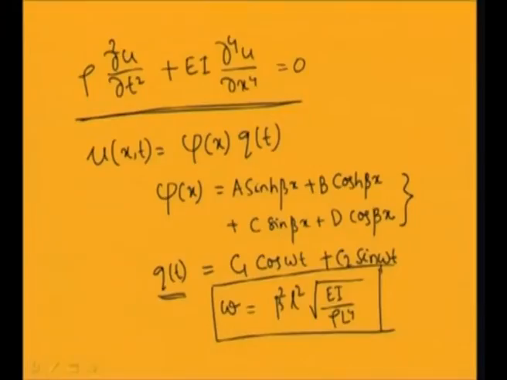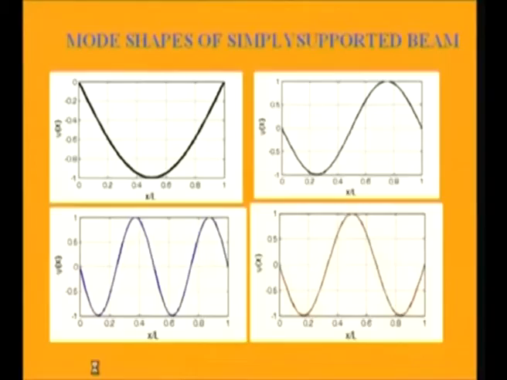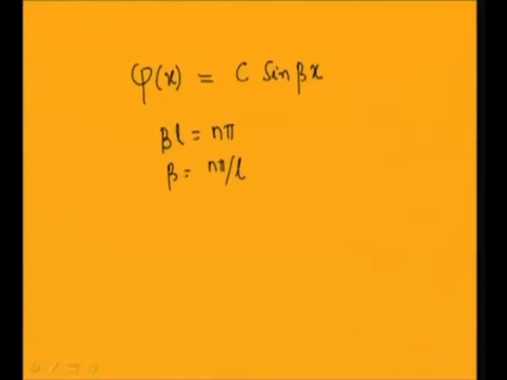Last class we found that psi x equals C sin beta x, and already I got beta L equal to n pi. So, beta equals n pi by L. So, psi x equals C sin n pi x by L.